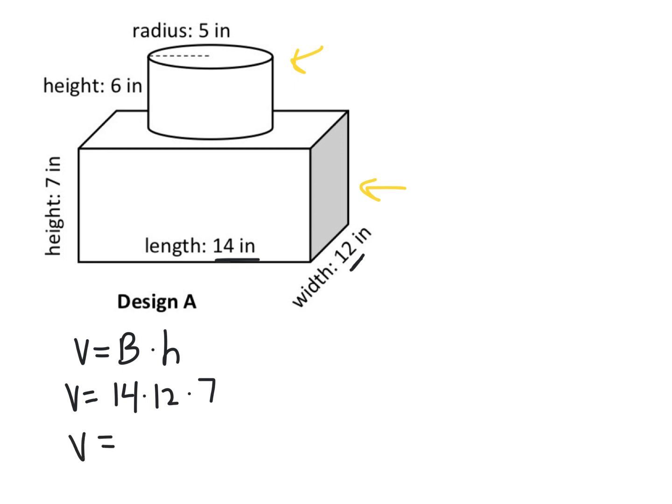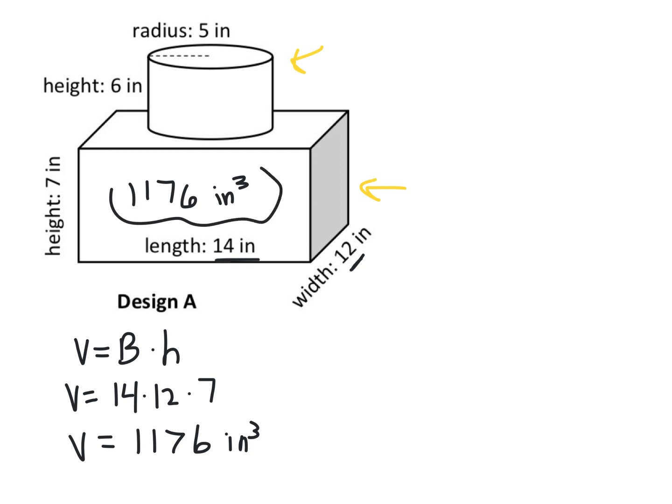So for the bottom piece, 14 times 12 times 7 is 1,176 inches cubed. I'm going to go ahead and write that right in the cake.